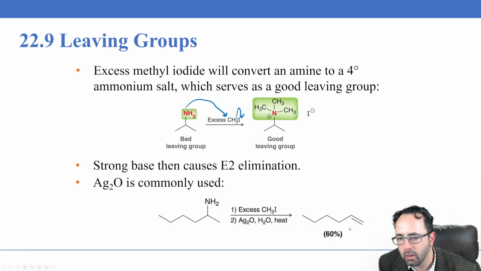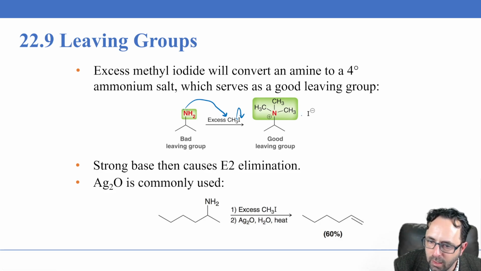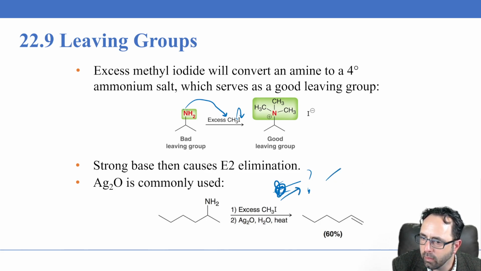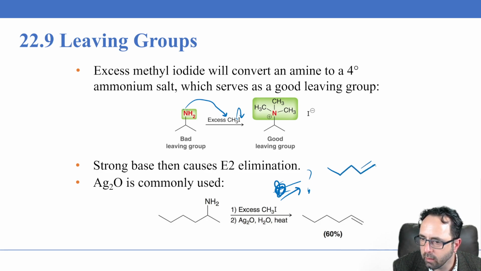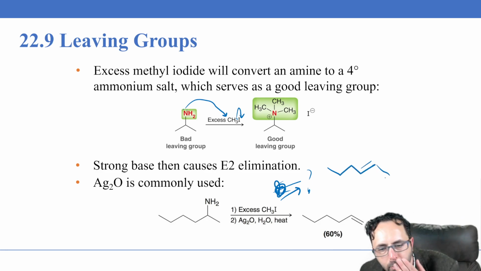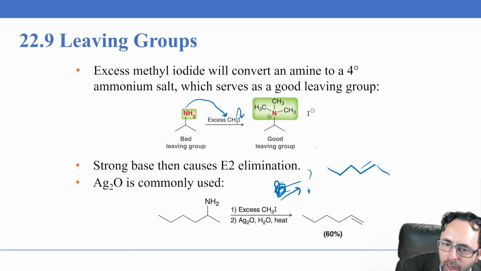Now, there's something you may notice about this alkene, which is that it is the less substituted alkene. So the question is, how come we did not get the more substituted alkene out of this reaction? Which is a very good question, because generally we're going to get the more substituted alkene. But recall that this must proceed through an E2 reaction mechanism.